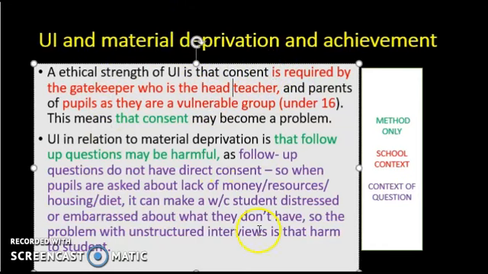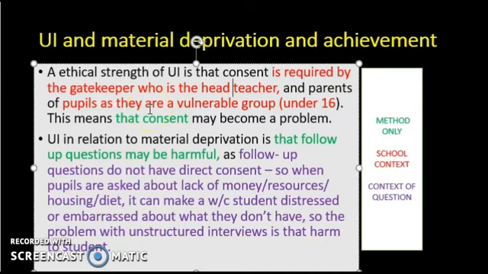But this bit does. So in relation to material deprivation is that you're going to have follow-up questions. And they are following on this point about the consent, because follow-up questions do not have direct consent.